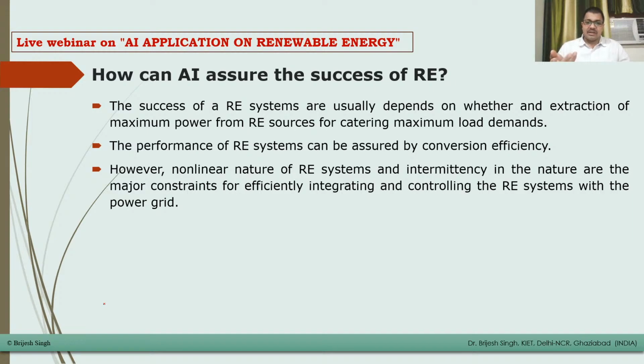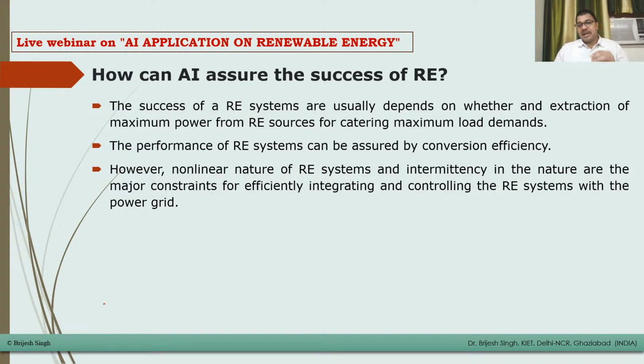And on the other side, they are not uniform. These are intermittent systems. So if you are talking about an intermittent system, an uncertain system, with complex non-linearities, then normal conventional mathematical tools, analytical methods or computational methods are not useful to handle the controlling or integrating problem of the renewable energy system when you are integrating it with the power grid.